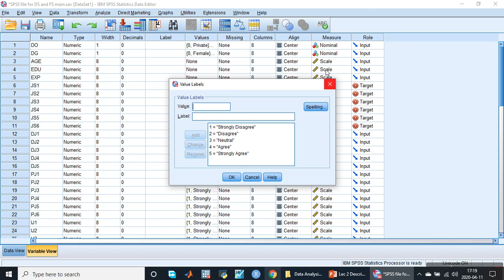The scale here means the Likert scale, which is treated as a ratio scale. In ratio scale we have 1, 2, 3, 4, 5, which have numerical value. Here 2 means that it is greater than 1, 3 means that it is greater than 2, and there is equal distance between these values. Therefore, the Likert scale is also treated as a ratio scale.